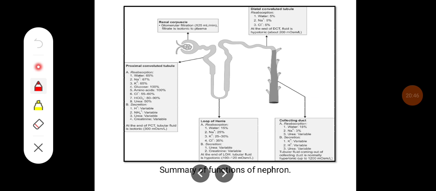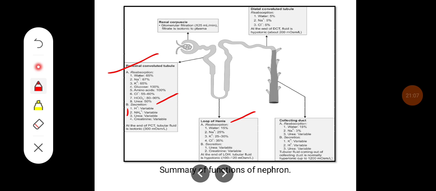So this diagram shows the important functions of the proximal convoluted tubule, where it helps in absorption of water, sodium, potassium, glucose, amino acids, chloride, bicarbonate, urea, and also secretes hydrogen, ammonia, urea, and creatinine.